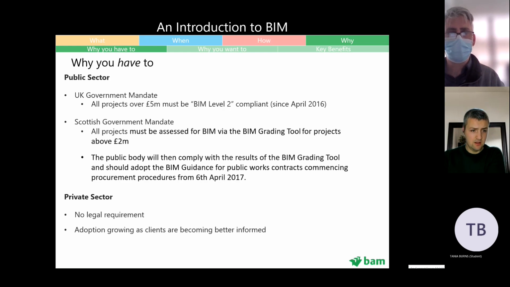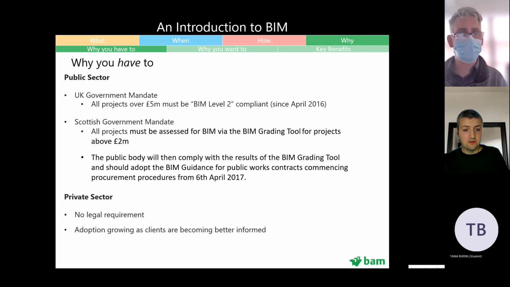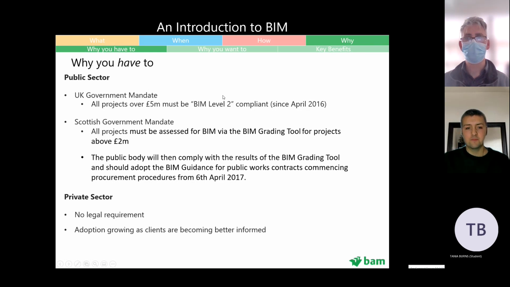So as I touched on, for the public sector, UK government has mandated that BIM is used for projects over £5 million. The phrase, which is now outdated, is BIM Level 2. And all that really means is that the project has to be done in accordance with a set of BSI standards.